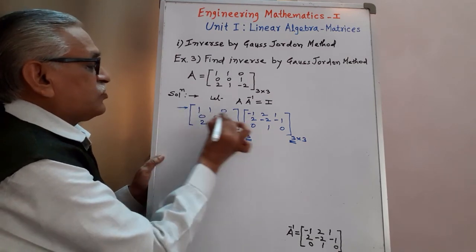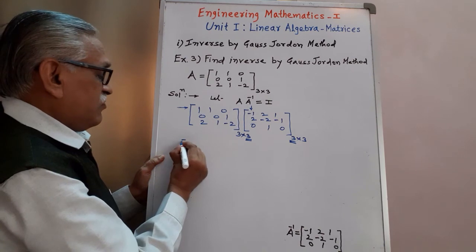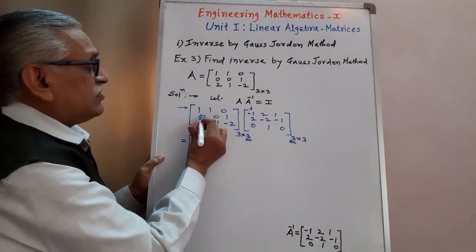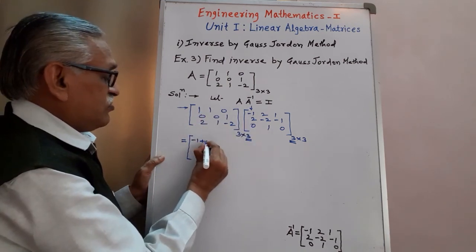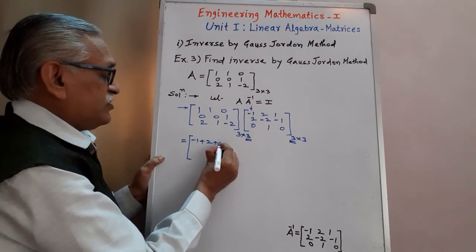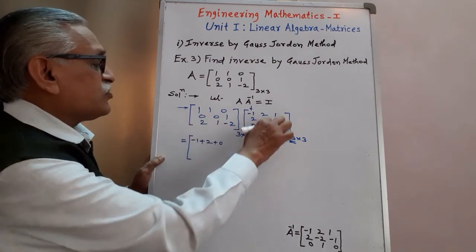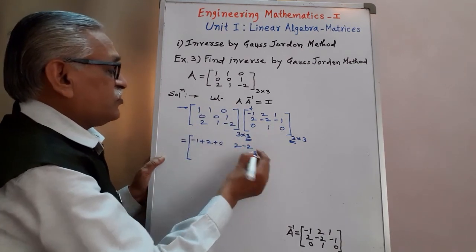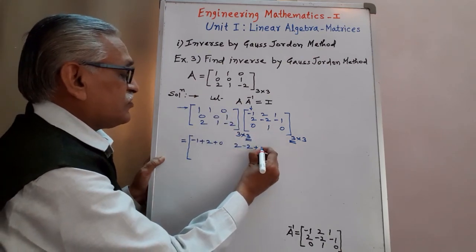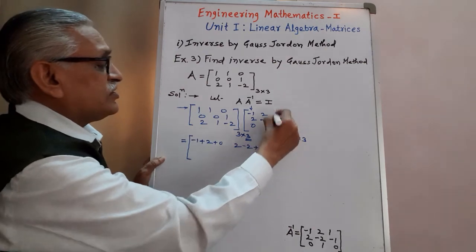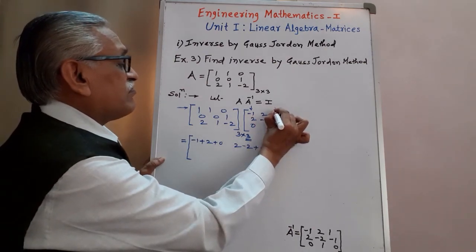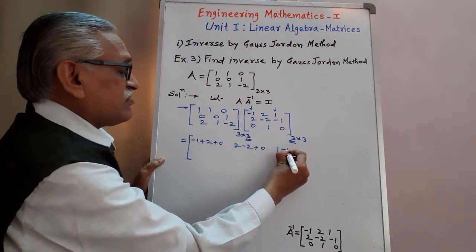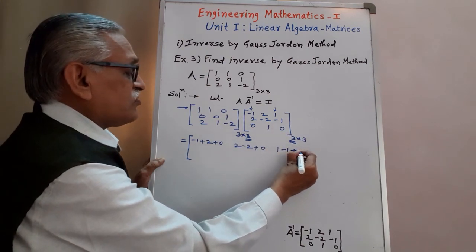Multiplying the first row by the first column, we get 1 into minus 1 is minus 1, 1 into 2 is 2, and 0 into 0 is 0, so we get 1. This is the first element. Then the same row by the second column: 1 into 2 is 2, 1 into minus 2 is minus 2, 0 into 1 is 0, so we get 0. Then the same row by the third column: 1 into 1 is 1, 1 into minus 1 is minus 1, 0 into 0 is 0, so we get 0.